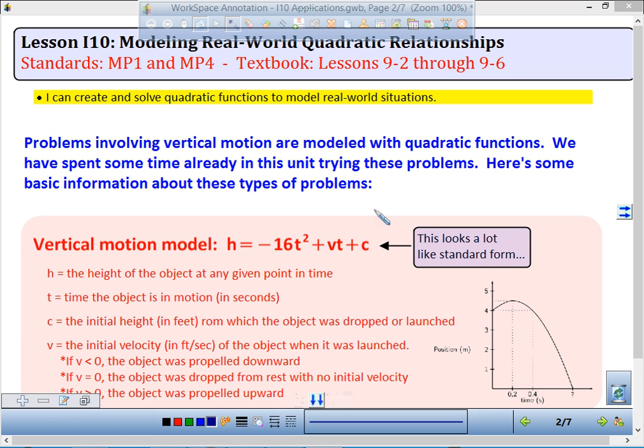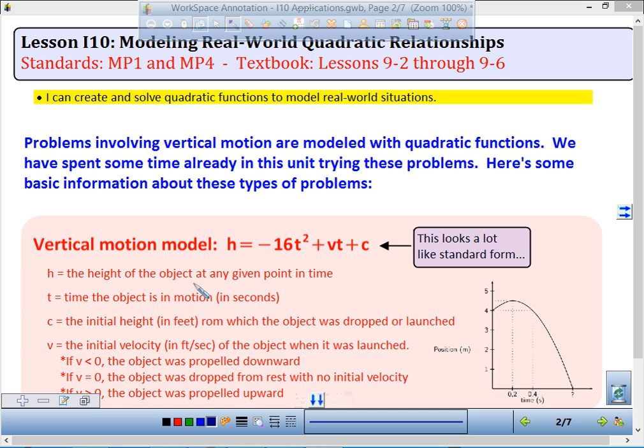Okay, so in lesson 10 here, we're going to look at some real-world problems using our vertical motion equation. We've had a couple problems like this, but this whole lesson is going to work with some more of them. H is your height.